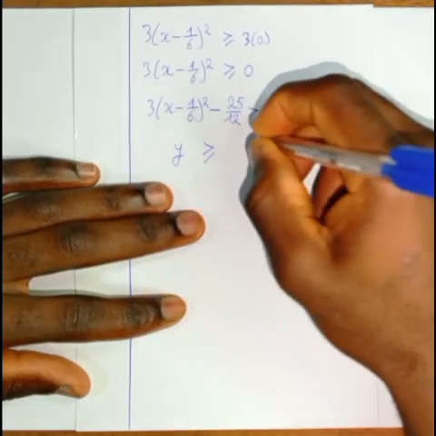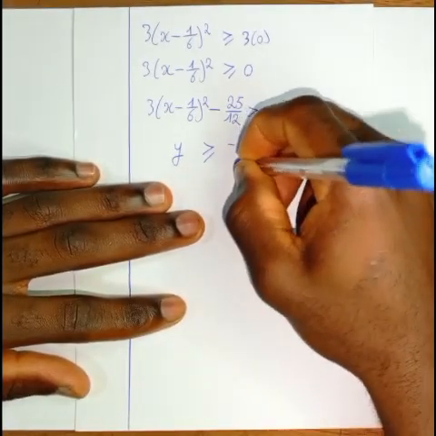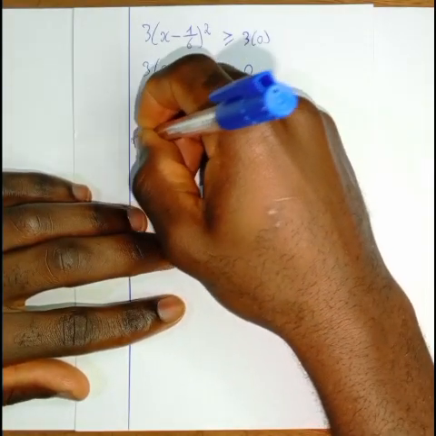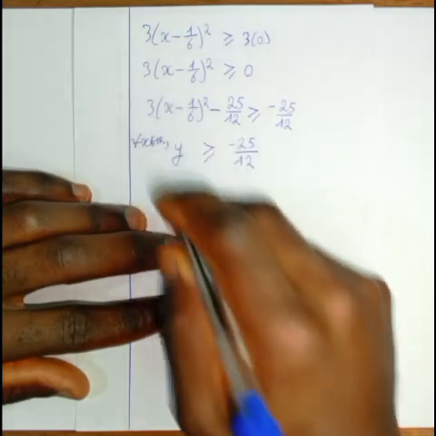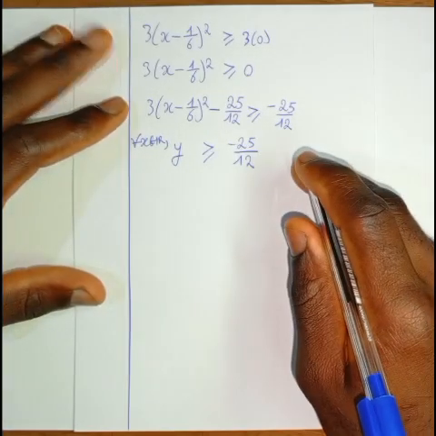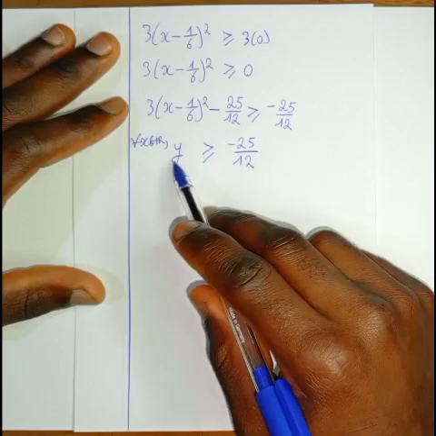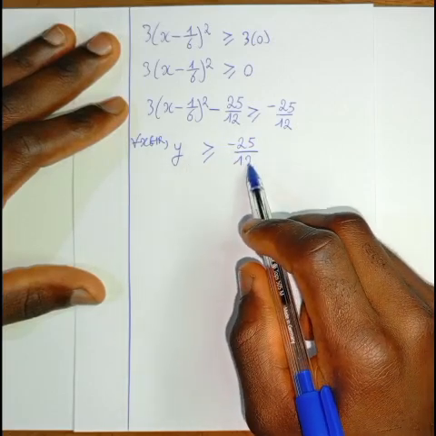y is greater than or equal to negative 25 over 12 for all x we take from the set of real numbers. We know y is a function of x. It simply means the smallest value we are going to have for y will be negative 25 over 12.